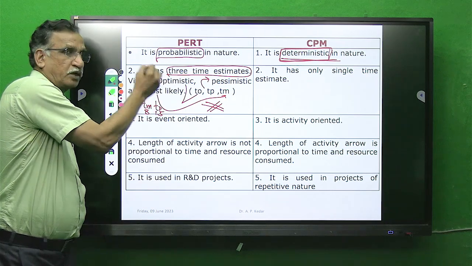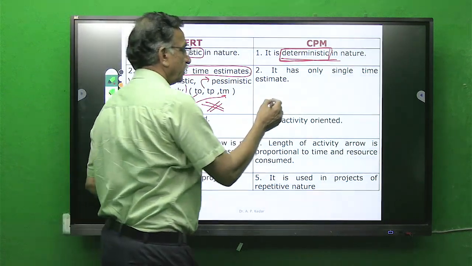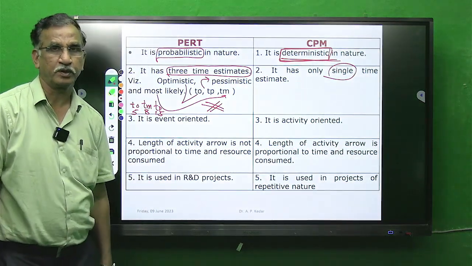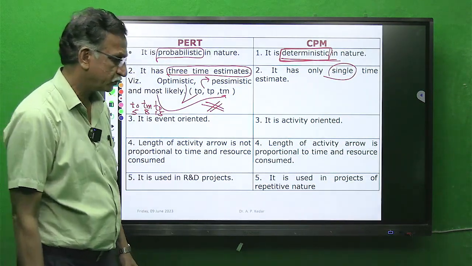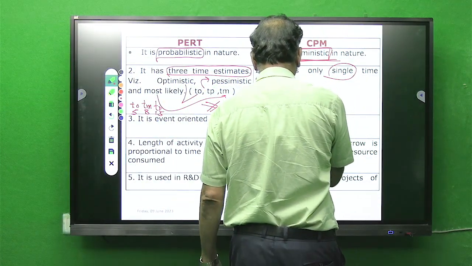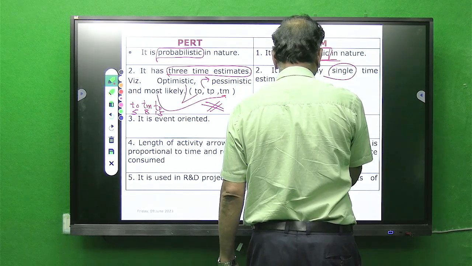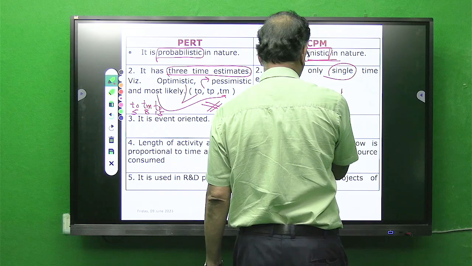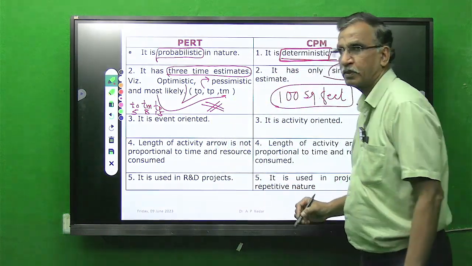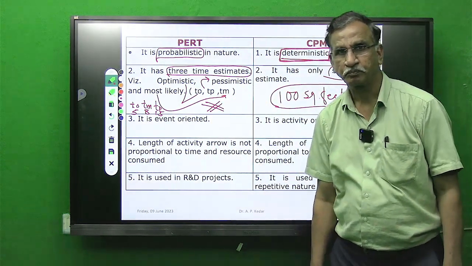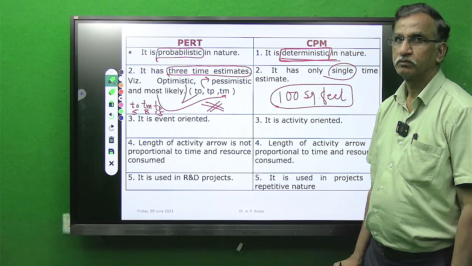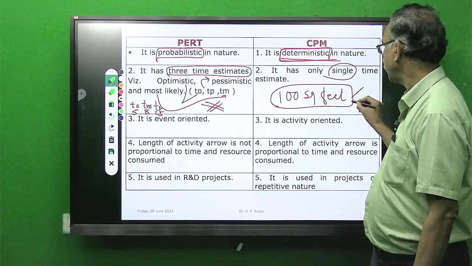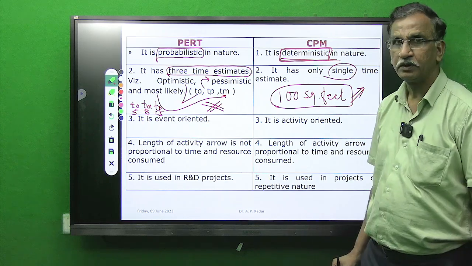So this follows 3 time estimates, whereas there is only a single time estimate in the CPM model. Suppose I want to construct a 100 square feet wall as a builder. Looking at my past experience, I know how much time I will need for this activity.